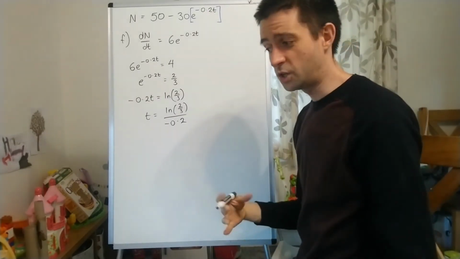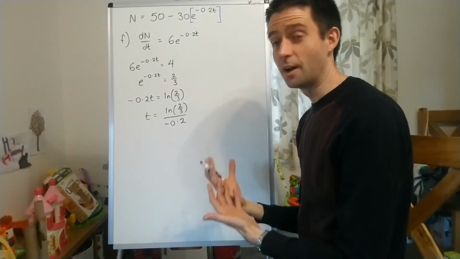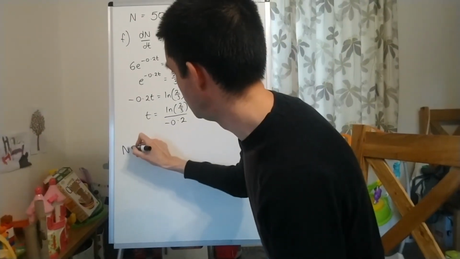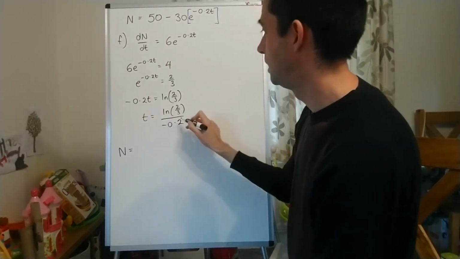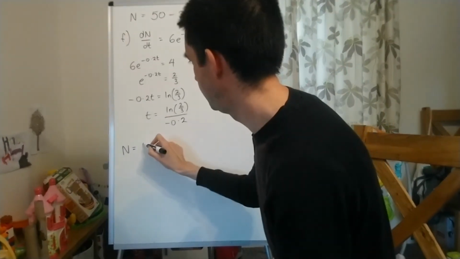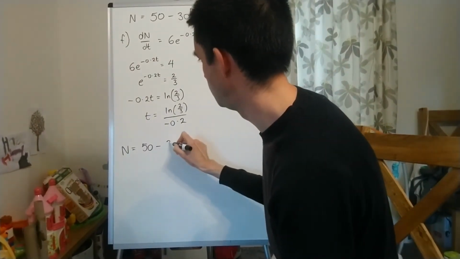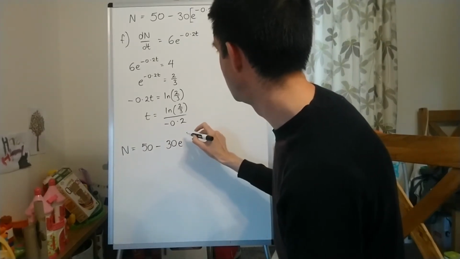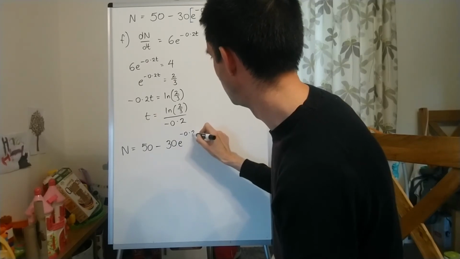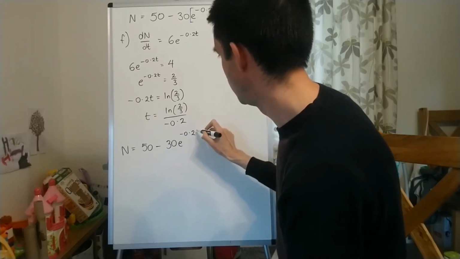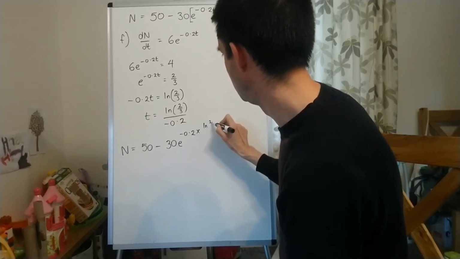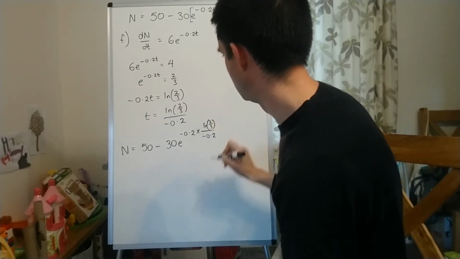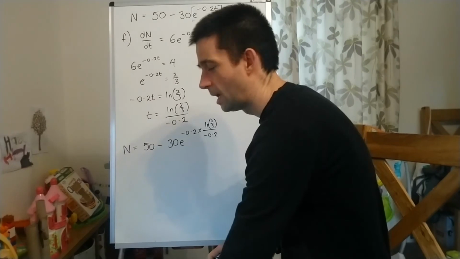Now, reading the question, I haven't been asked for the value of t, I've been asked for the value of n. So what I need to do now is substitute that number into n. So I'm leaving it as it is. I'm going to say it's 50 minus 30e to the power of negative 0.2 times by ln of 2/3 over negative 0.2.